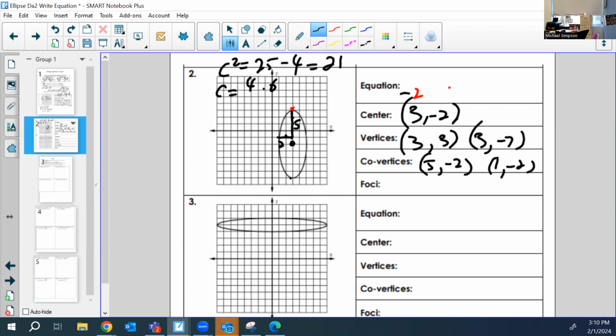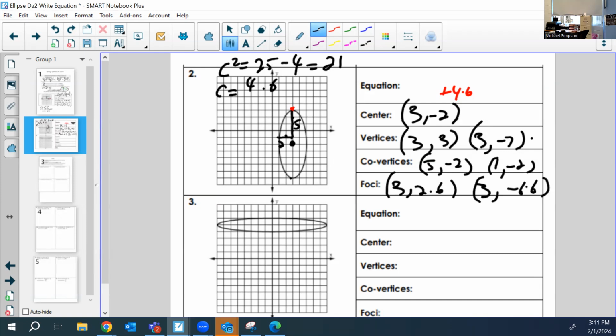And so now, just like I found the vertices, I'm going to add and subtract 4.6 to the k value. When I add 4.6, that's going to be 3, 2.6. And the other one, I'm going to subtract 4.6. That's going to give me 3, negative 6.6.